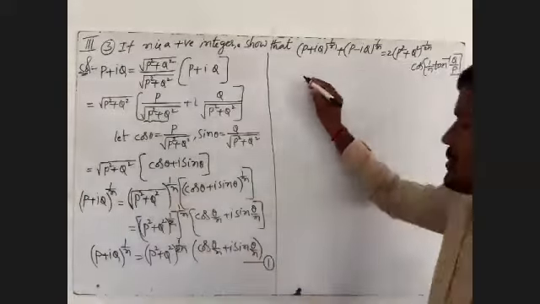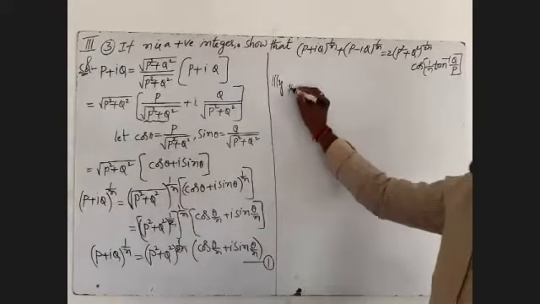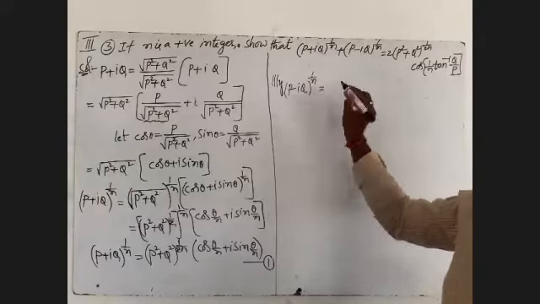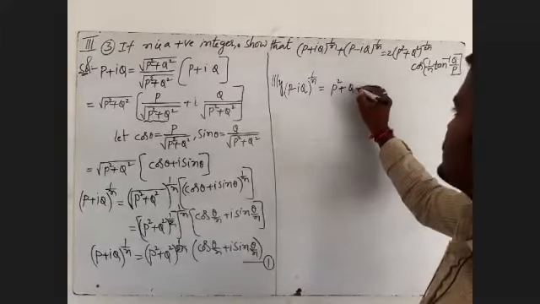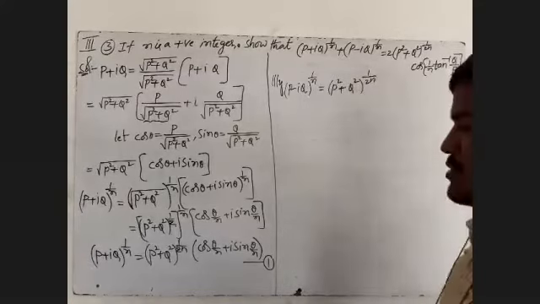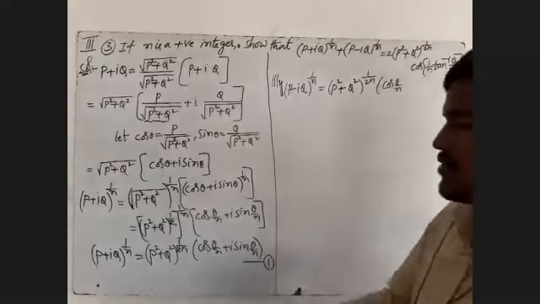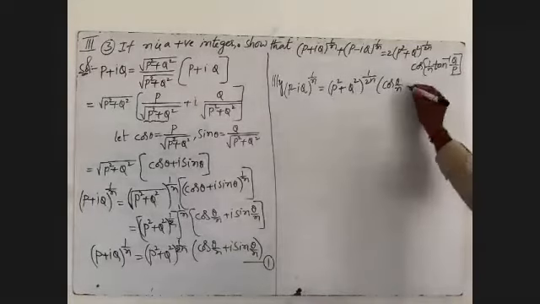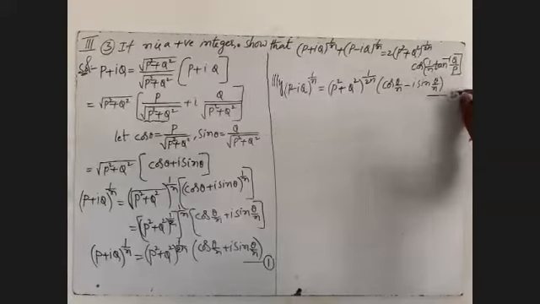Similarly, I will take (p − iq)^(1/n) is equal to (p² + q²)^(1/2n) into cos θ/n, with the required symbol: here plus, and here minus, i sin θ/n. This is equation number 2.